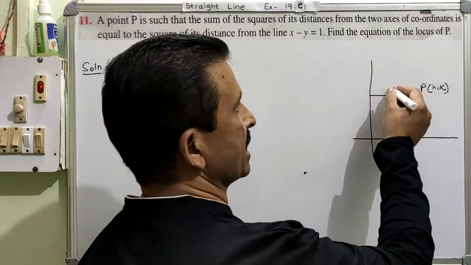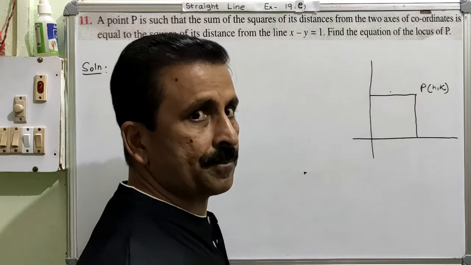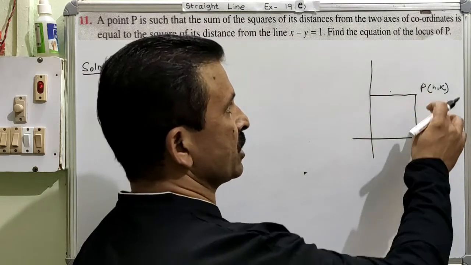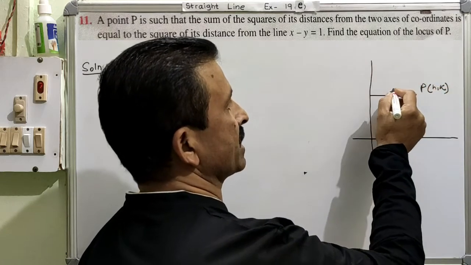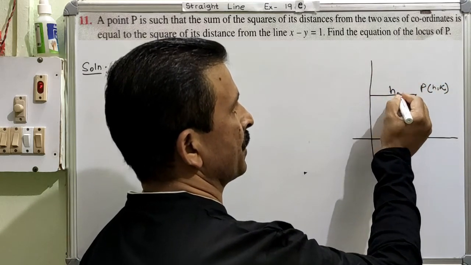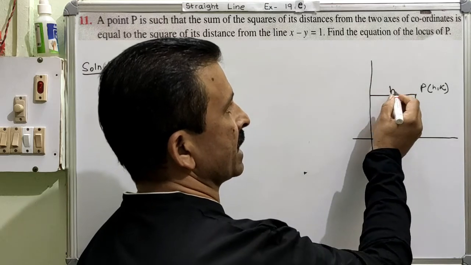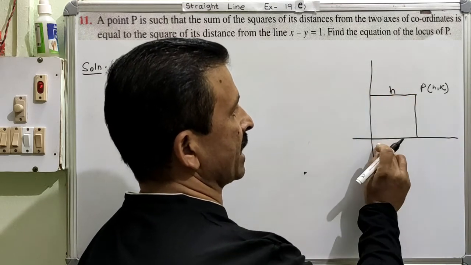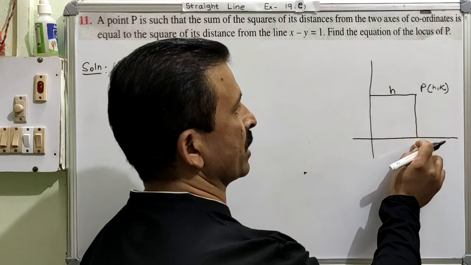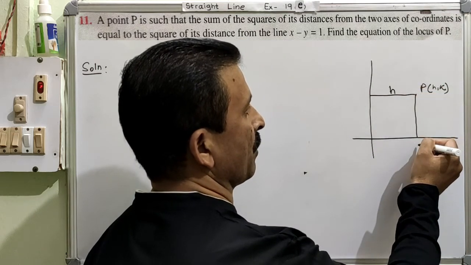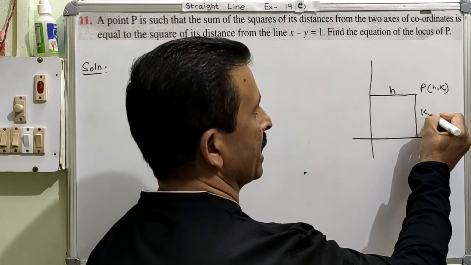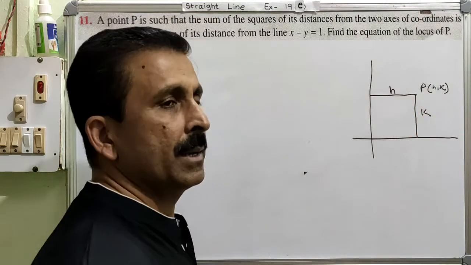Clear? That means this distance is equal to this distance. Since you have assumed the coordinates of the point P as h and k, this distance is h. Right? This is the distance of the point from the y-axis. That means this will give you the value of your x coordinate. Clear? And likewise, the distance of point P from the x-axis will be equal to k. Is this okay?